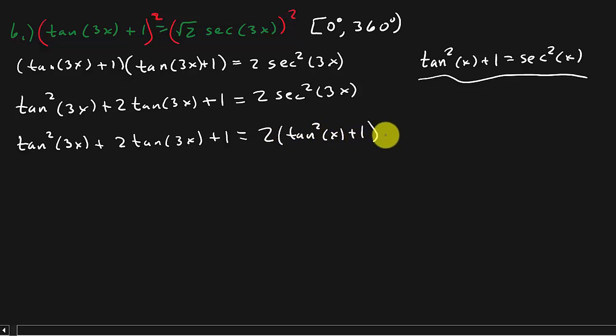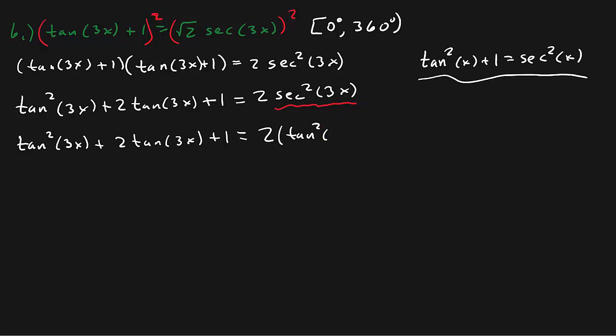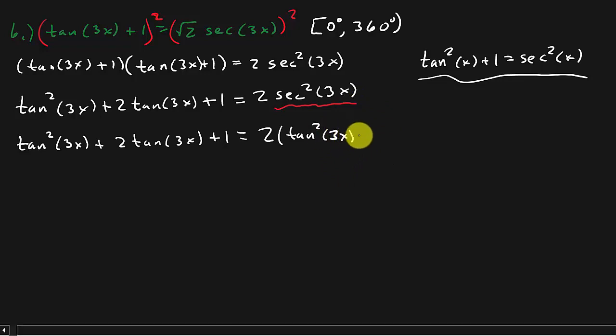All right. So all I did, I replaced, that wasn't good, was it? That should be tangent squared 3x plus 1. So all I did is I replaced this with this right here.